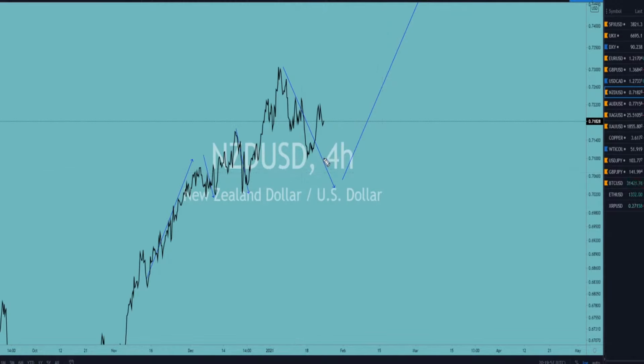You just trade whatever the market is telling you. You gotta know how to read the price action of the market. And this might be the end of this correction, or it might be a complex correction and something like this, right?